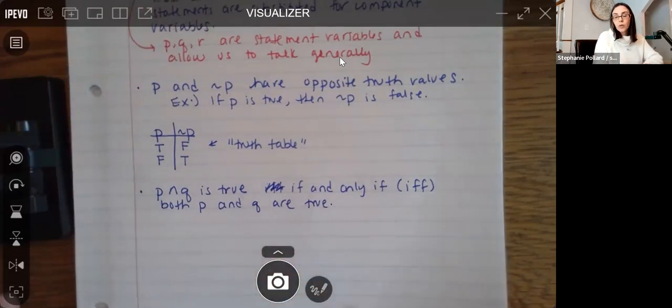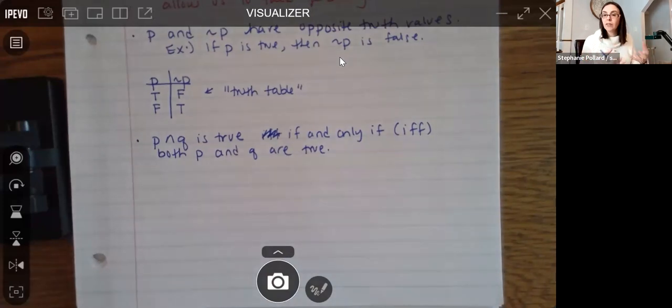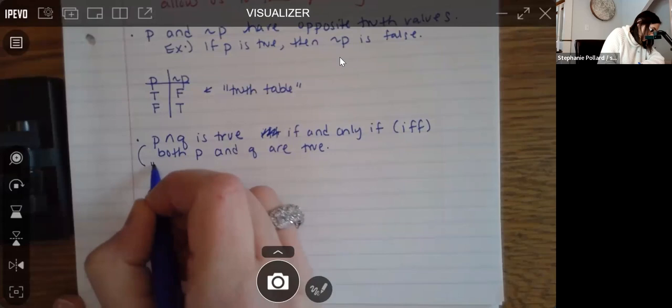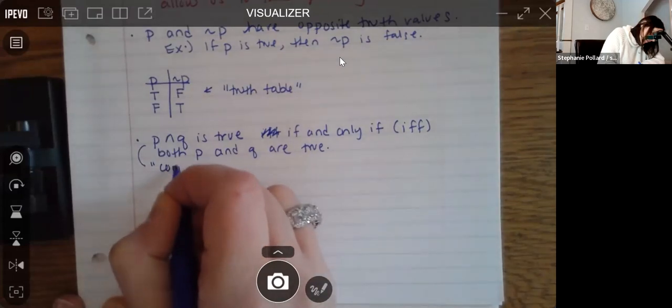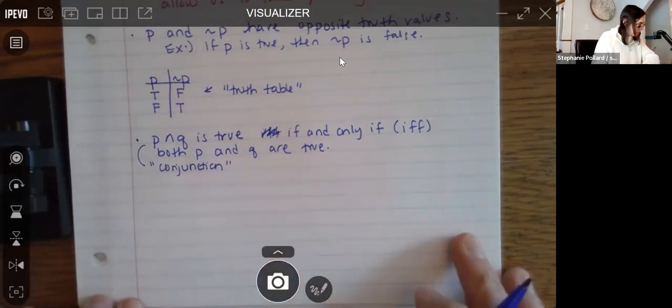So if P is true and Q is true, then P and Q would also be true, because both parts would have to be true. But if one of them is false, it would make the and statement false as well. This is actually called a conjunction, having that and piece there.